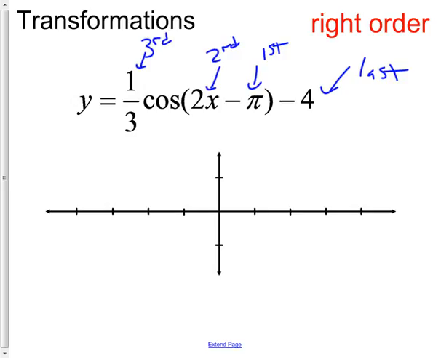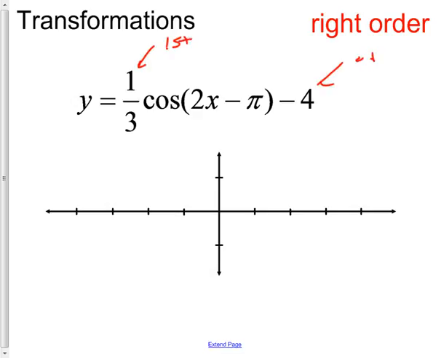Yes? I always forget, is that just the way you want us to do it, or is there actually a correct order? It is a correct order, and it is the way I want you to do it. But is there another correct order? Yes. You could start on the outside and do those in the normal order. This could be first, this could be second, because remember, it still follows the rule that it has to be in the opposite of normal on the inside and in the normal on the outside.